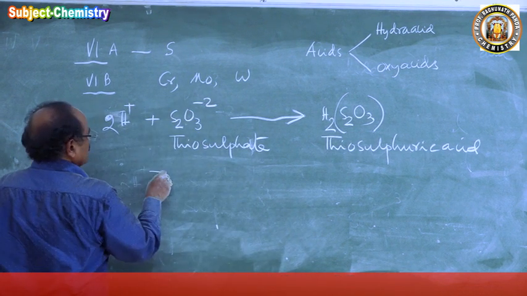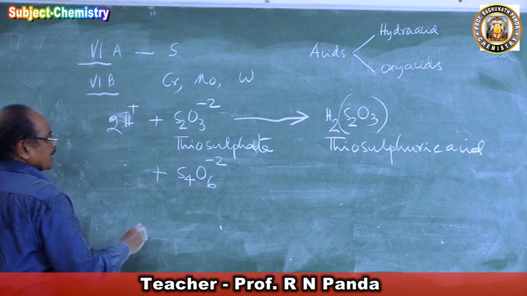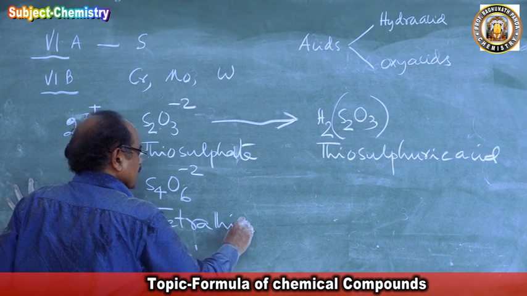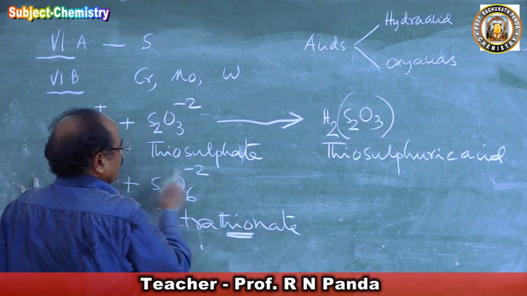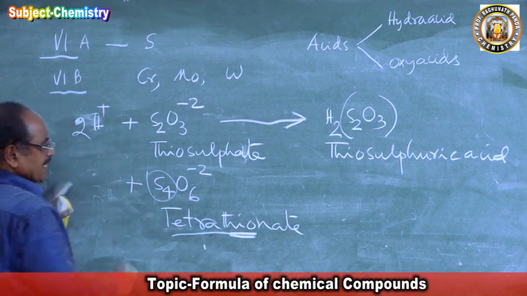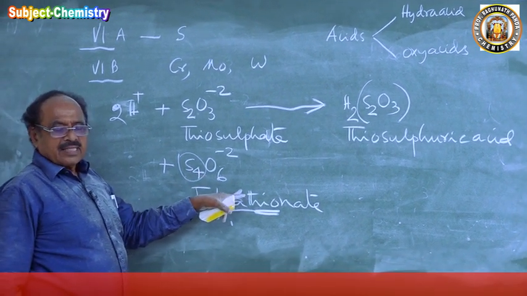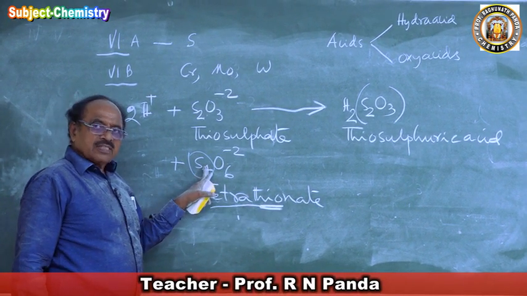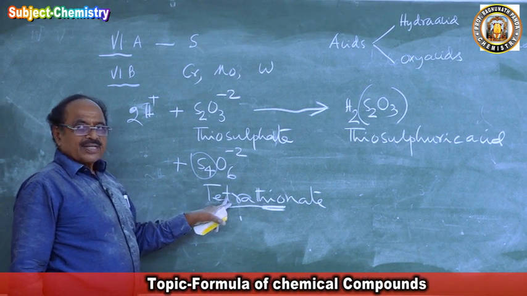Now I'll come to S4O6 minus 2. This is tetrathionate. I told you thio means sulfur. There are 4 sulfur atoms here, so tetrathio. Why is it called tetrathionate? Because it is using a higher valency state, so ATE.